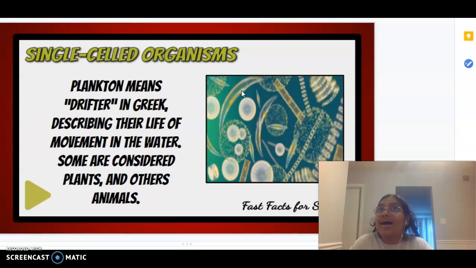Chloroplasts are tiny organelles, or tiny parts of the cells, that synthesize the sunlight, and they create sugar and release oxygen. The sugar that is produced is used by them in the form of nutrition or food that they eat to grow or to survive. And that's what's happening with planktons as well.